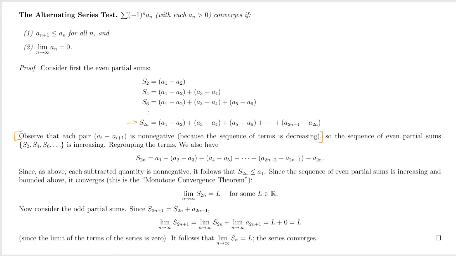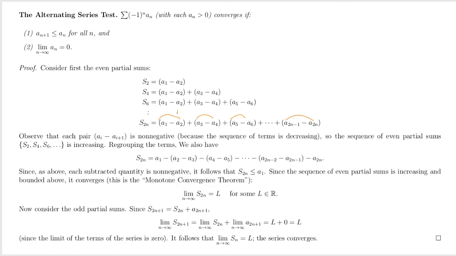And here we have an expression for the arbitrary even partial sum. So it goes from a1 minus a2 all the way up to some odd number minus the last term a sub 2n. And the key observation is that each one of these grouped pairs is non-negative, and so the sequence of even partial sums is increasing.